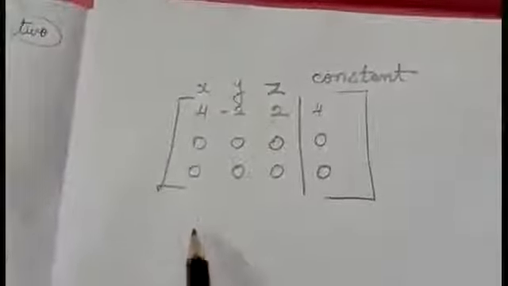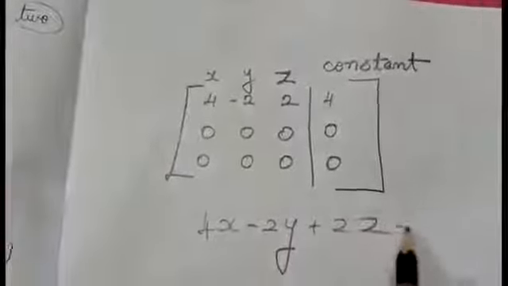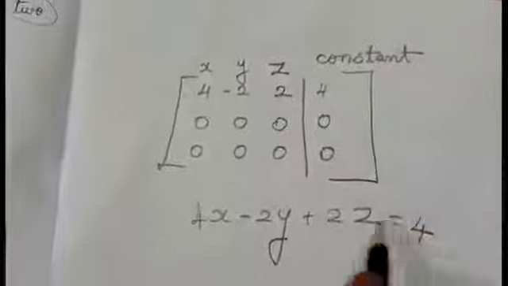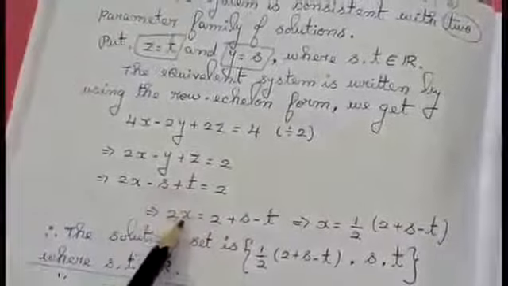That is, 4x minus 2y plus 2z equal to 4. In this way I am getting the equation 4x minus 2y plus 2z equal to 4. After simplifying, I am replacing y and z by s and t, and from this equation I get the value of x.